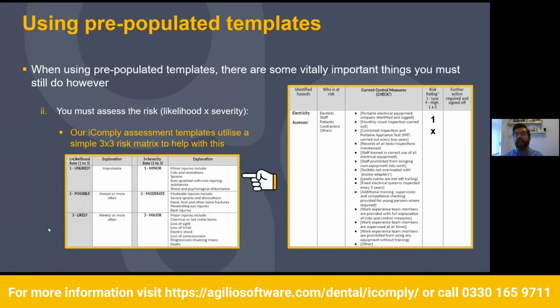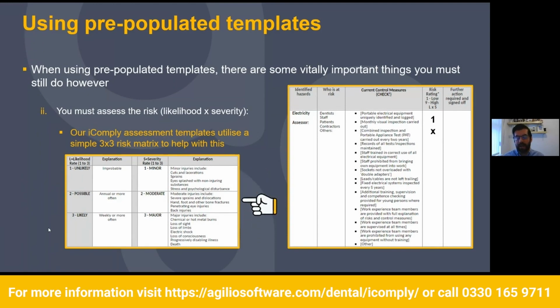So again, how you judge this is if something fails. If those control measures fail in any way, if someone doesn't follow the controls that they're supposed to, that are detailed on here, what is the most probable outcome? So you need to think about the hazard and what is likely to happen if someone does come into contact with that.